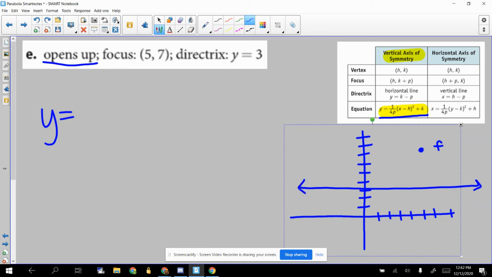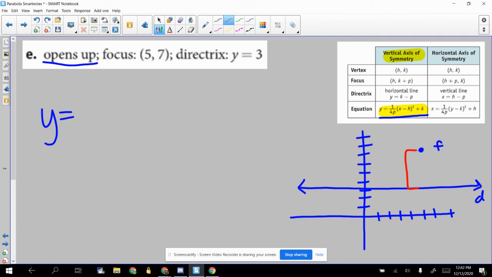So now here's the weird part is that we have our focus, we have our directrix, but we don't have a vertex in this one. But we know that the vertex should be the same distance away from the focus as it is the directrix. So basically what we need to do is find the midpoint between those.